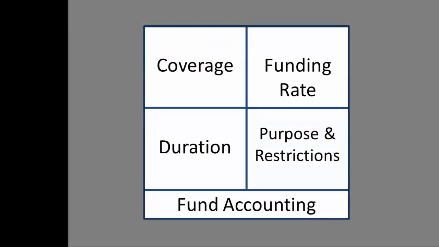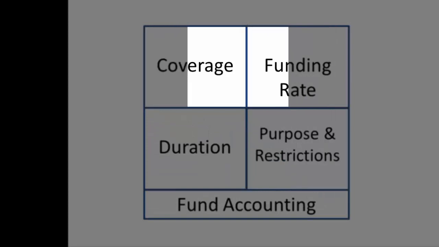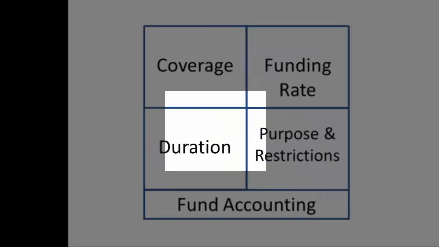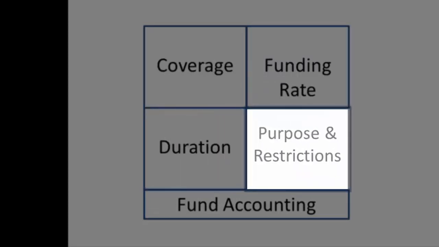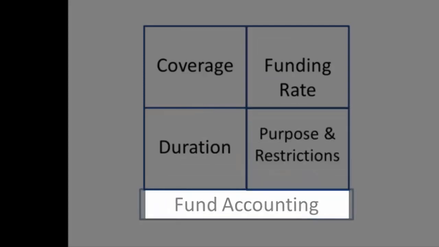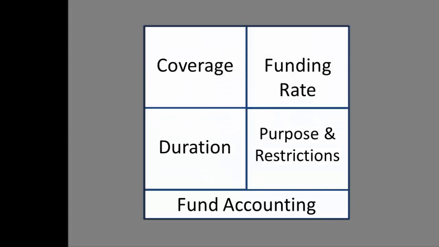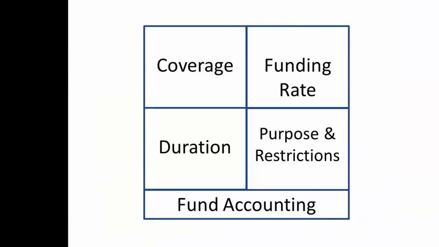We have discussed the 5 basic building blocks of a continuing resolution: scope or coverage, funding rate, duration, purpose and restrictions, and fund execution and accounting. We've seen that many of these building blocks can be looked at as pieces of a jigsaw puzzle or pop beads in a necklace that get put together year after year with minor variations.